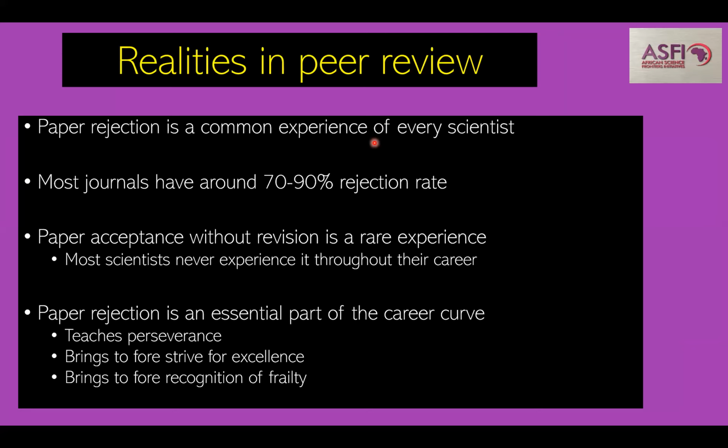If you look at, for instance, my career, I have got more rejections than acceptances, and I have to work on them to improve the paper. Rejection can come at first instance, before peer review. It can come after peer review. It's all rejection. Most journals have, as I said, a 70 to 90, even 95 percent rejection rate.